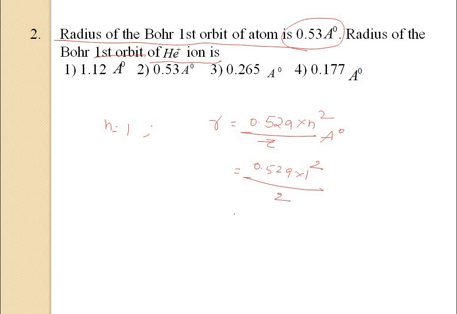So 0.529 by 2 angstroms is the answer. If you calculate this, it is 0.265. So the answer is the third option. The third option is the correct option, 0.265 angstroms is the correct answer.